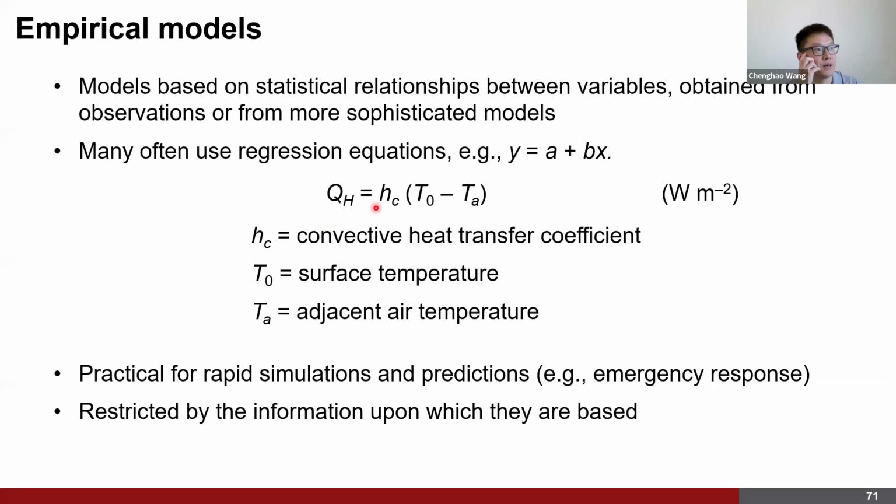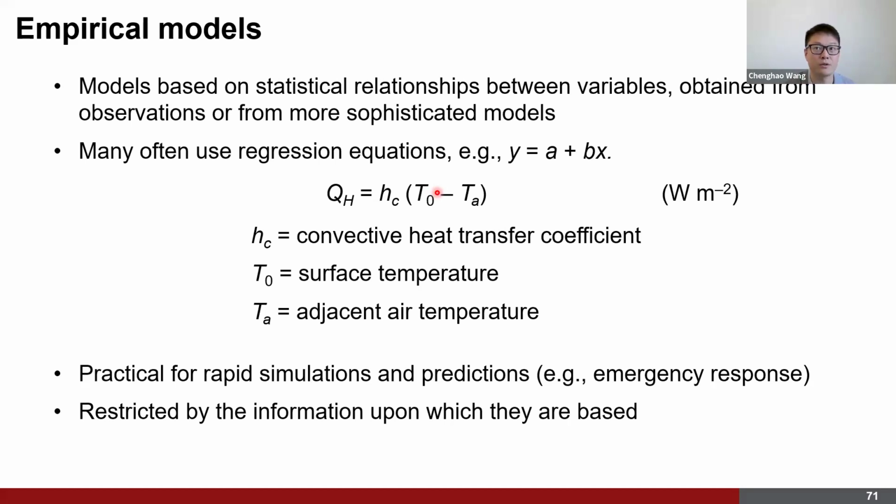These kinds of empirical models can be highly practical if we want to do some quick predictions or rapid simulations. But this, of course, is largely constrained by the data we use to train the regression or statistical model. We also have similar issues with other data-driven models, such as machine learning-based models.